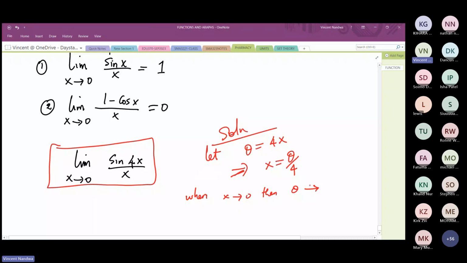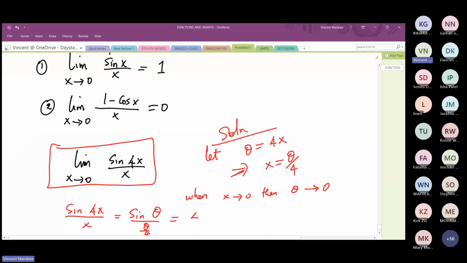Zero still. So where theta is approaching and where x is approaching, they have the same value. And then sine of 4x over x is the same as sine of, where there's 4x you put theta, where there's x you put theta over 4.